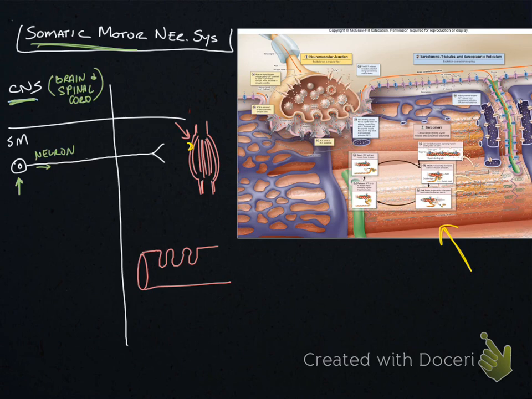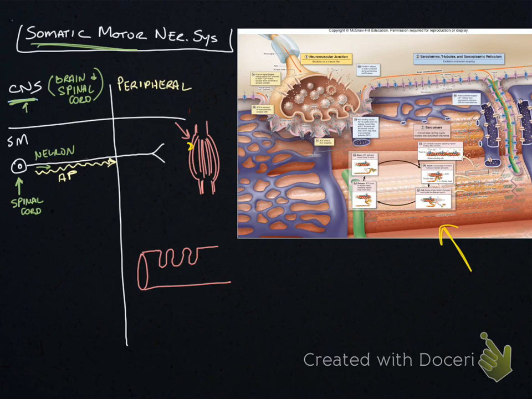The cell body is found within the spinal cord, and it is going to send an electrical impulse down its axon called an action potential. And it's going to enter into the peripheral nervous system to meet up with a muscle.